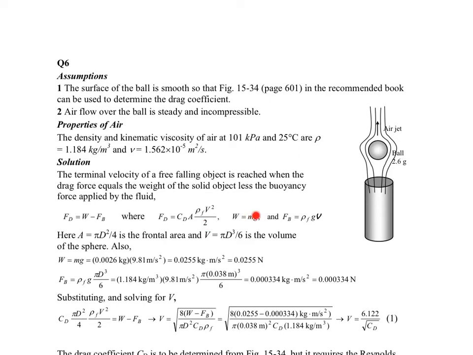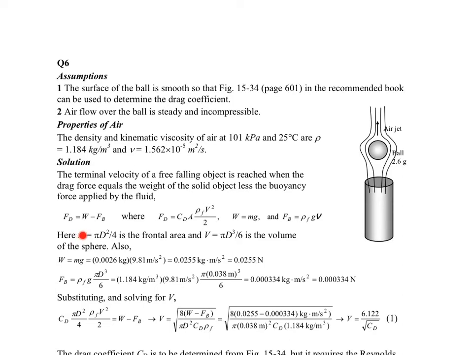Now we know the weight is mg, and the buoyancy force Fb is equal to, again, the density of the medium times g times V, the volume of this light hollow ball.